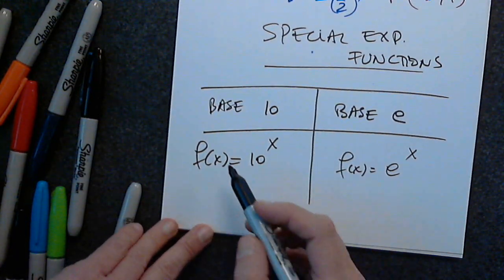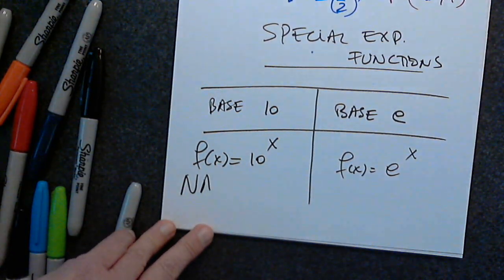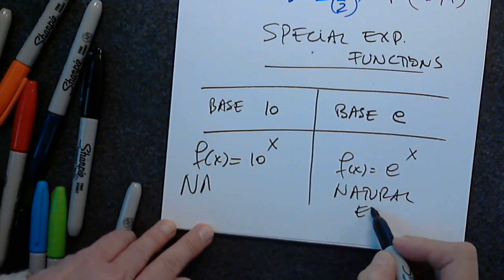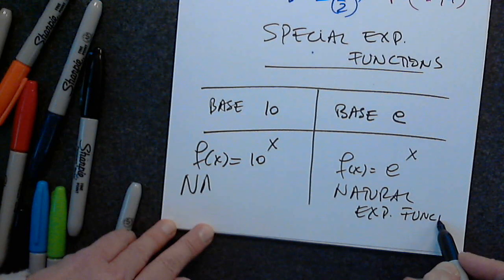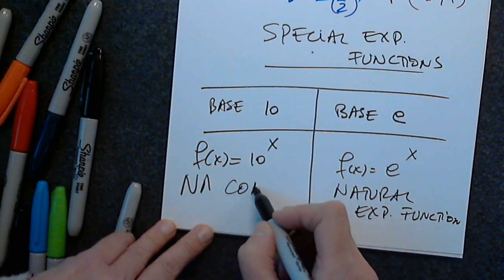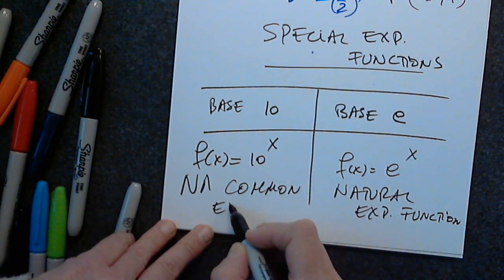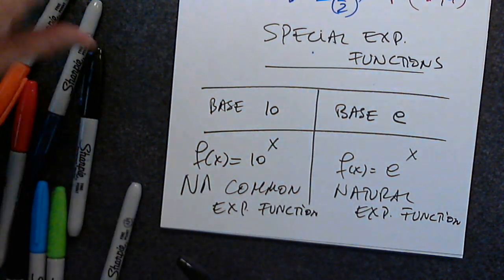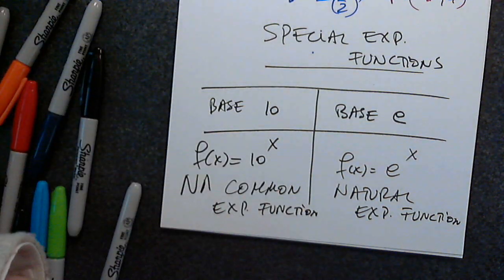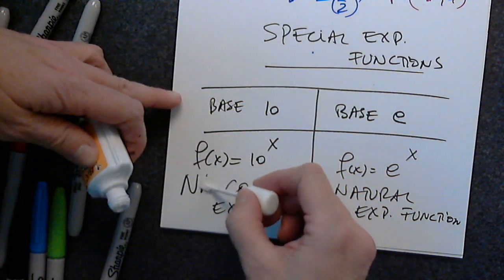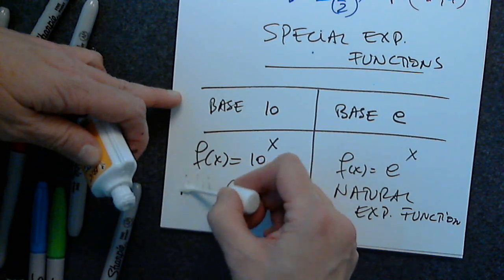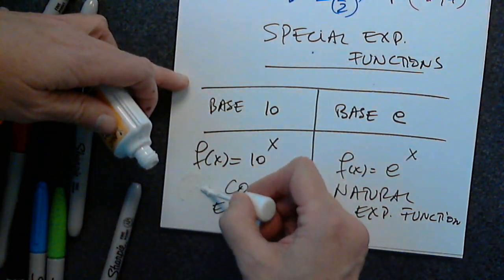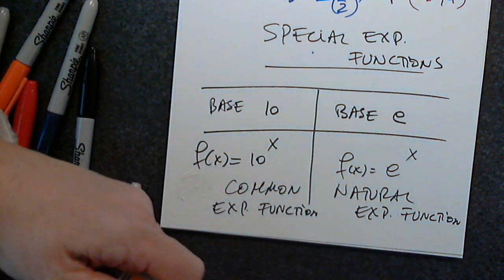The first one is called, I'm sorry, it's common. Natural is this one, natural exponential function. And this is common exponential function. My apologies. Why are they so special? They have a lot of applications in real-life situations, but also what is important, they are both increasing.